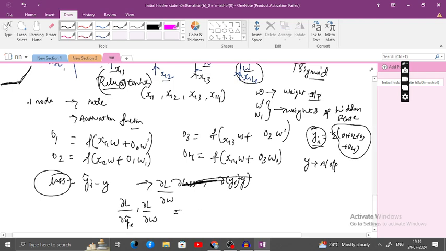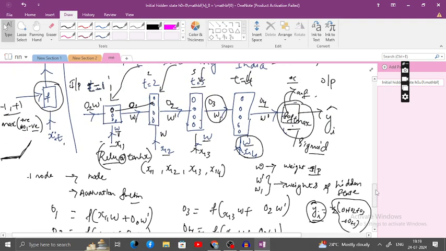So what can I write? Dou L by dou yi hat. This yi hat is dependent on what? Look at this, guys: this yi is dependent on this weight w dash.